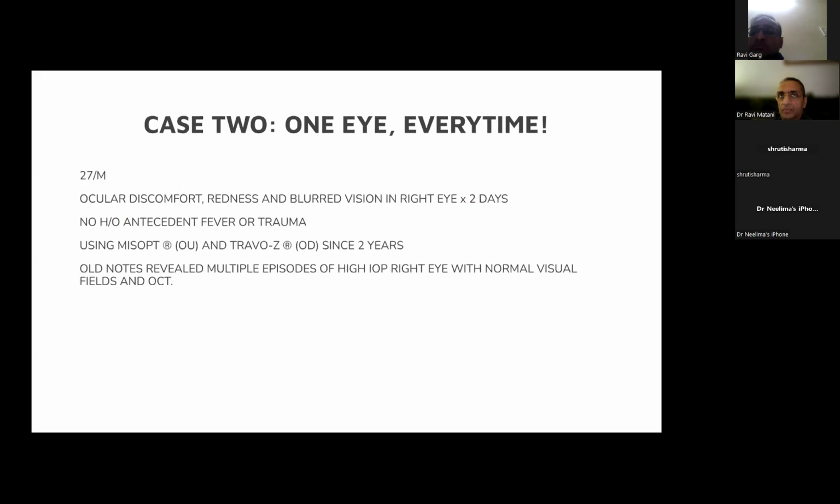Until that point of time I had seen none, and then somehow, after a week, I saw two cases in one day. Endothelitis with AC 2 plus cells and flare, and they responded beautifully to valacyclovir. So yes, I had seen severe conjunctivitis changing over 2-3 days into anterior uveitis.